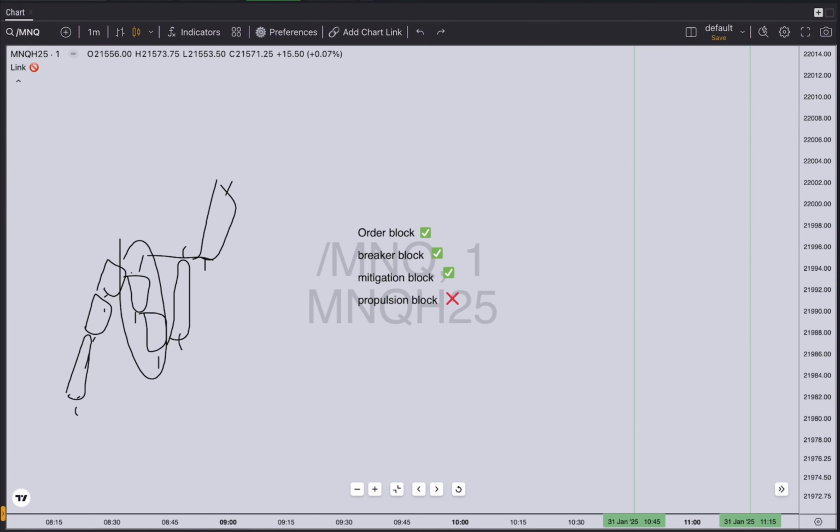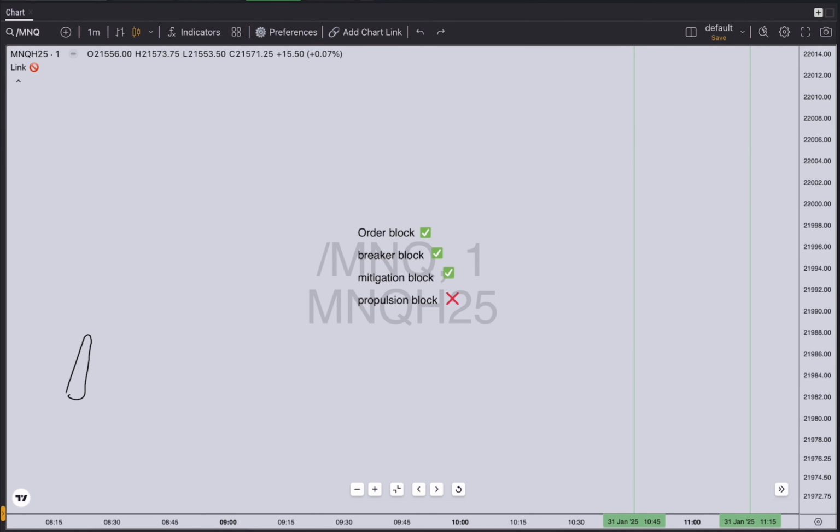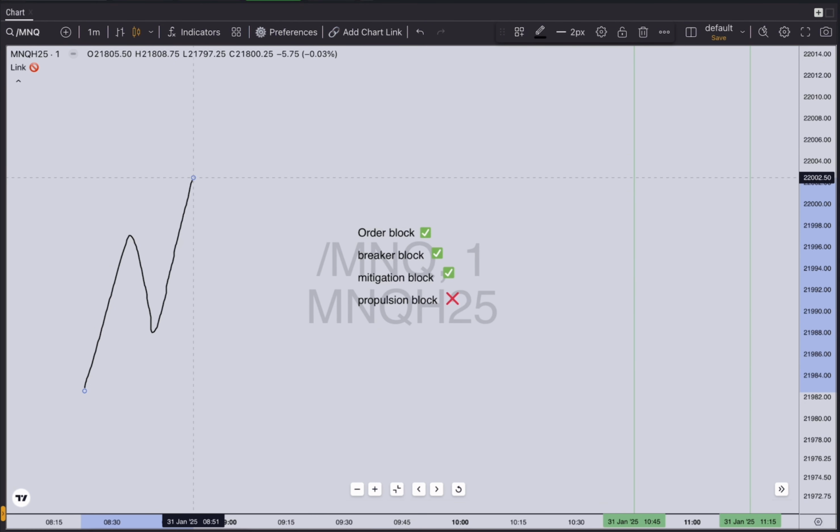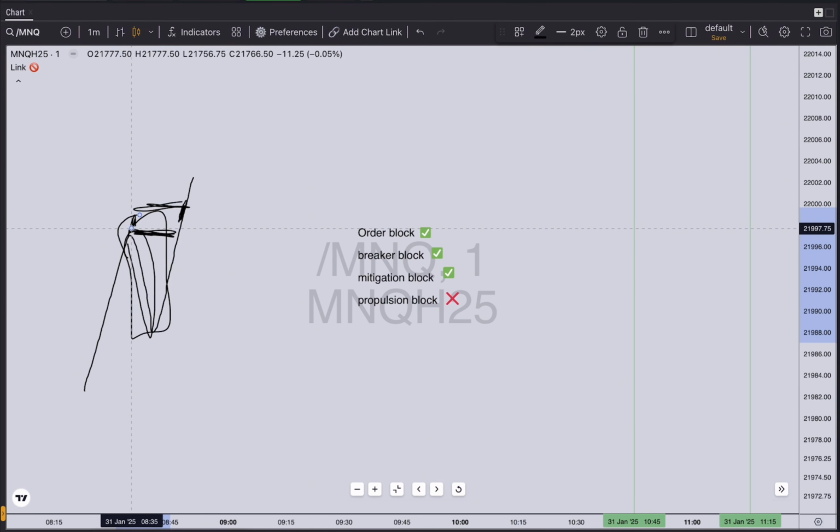So in a bullish scenario, we have an uptrend, then a retracement of 1 bearish candle, and then we continue up. As soon as we close above the wick, not the candle open, the wick of the down close candle, this down close candle is now an order block.